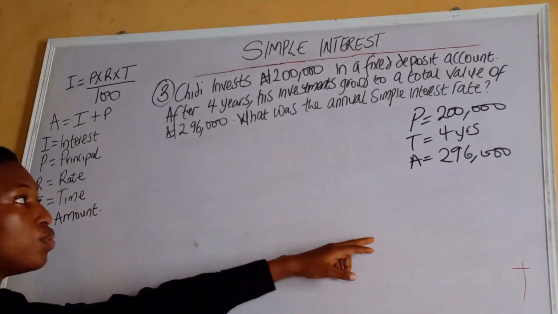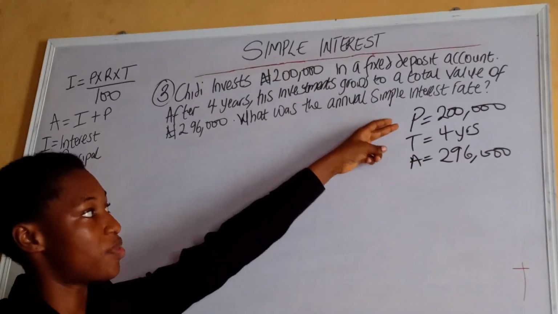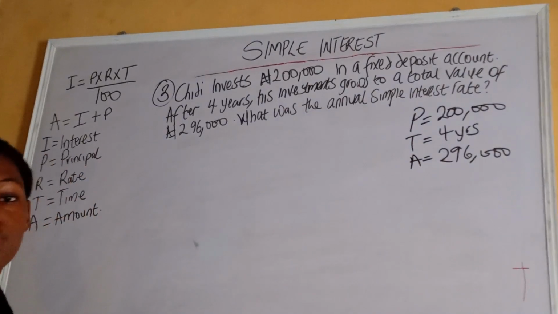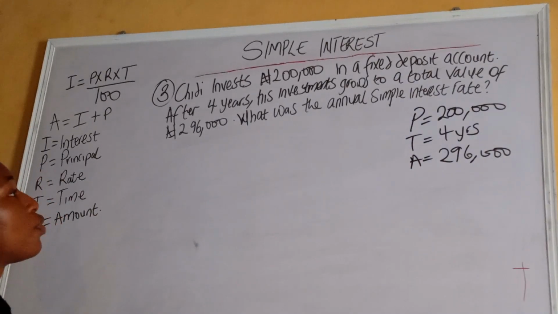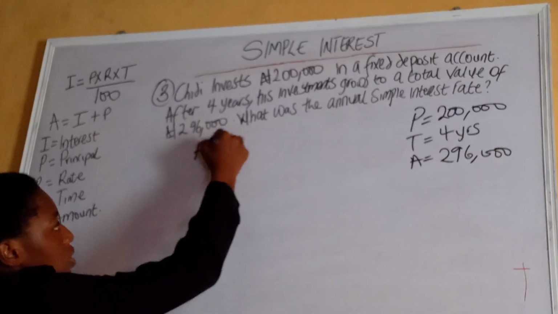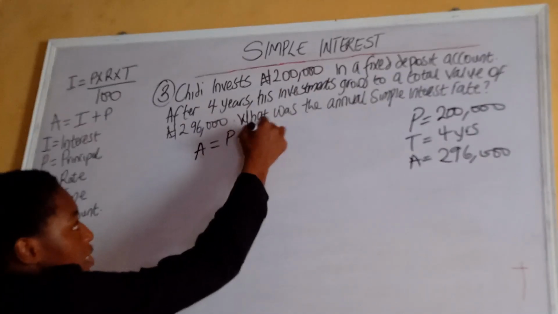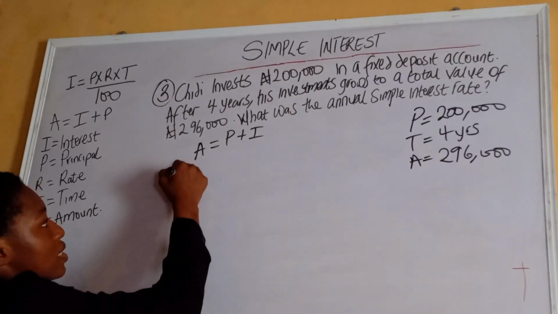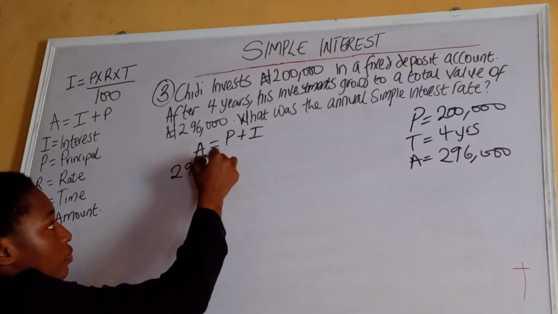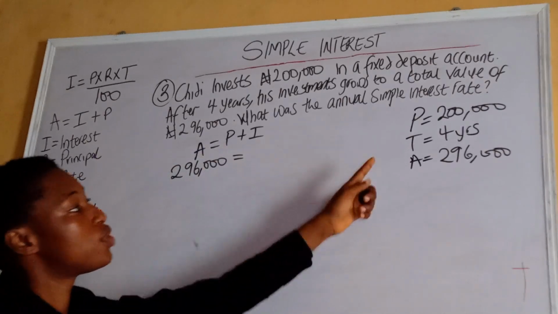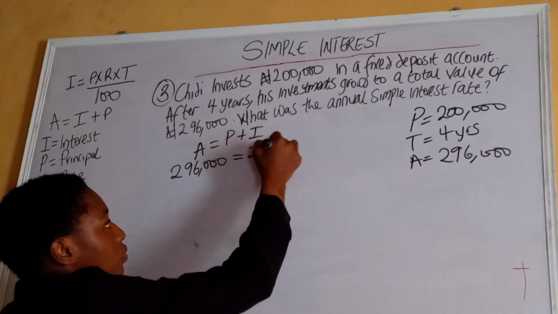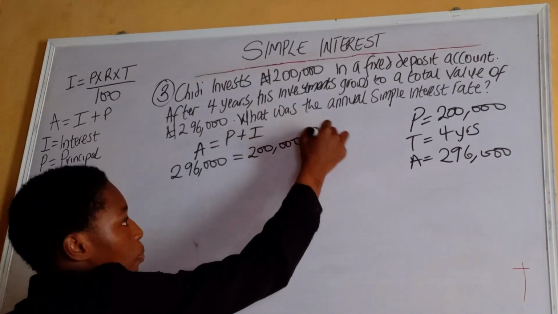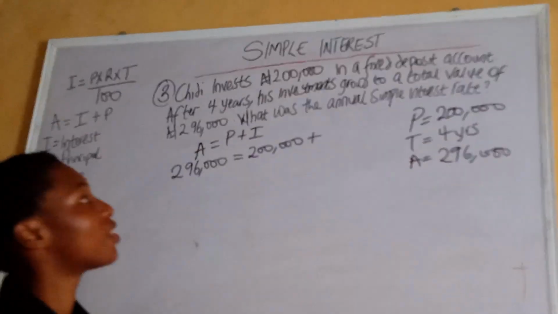Now to do this, you notice that we have amount and we have principal. Amount is equal to principal plus interest, right? That means our amount, 296,000, is equal to principal, which is 200,000, plus interest, which is what we are looking for.